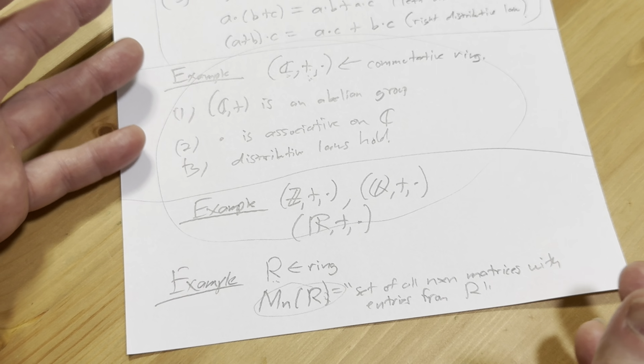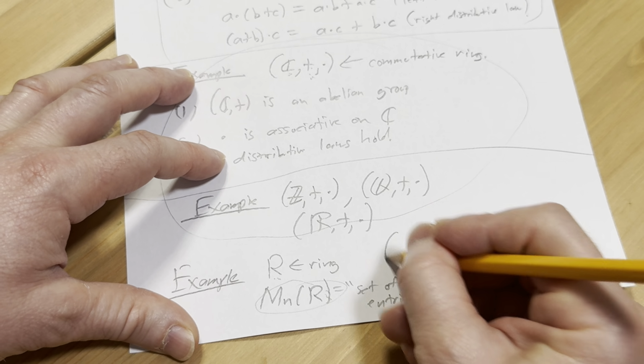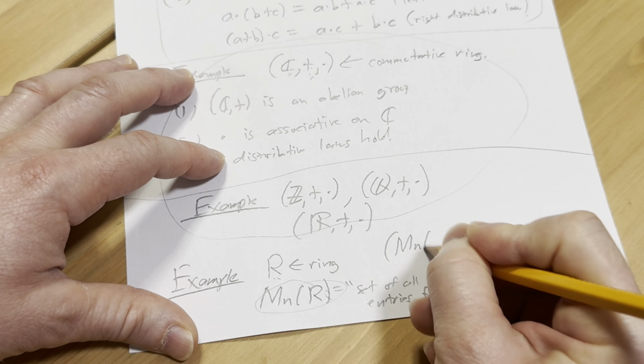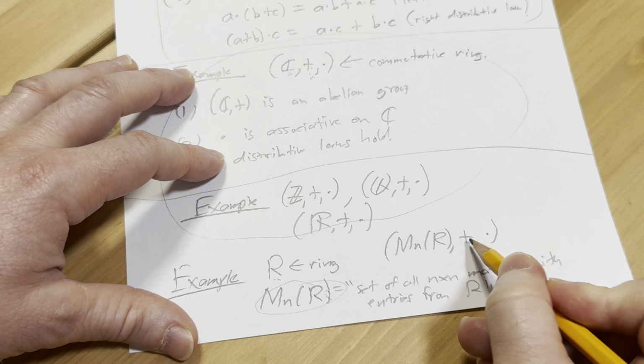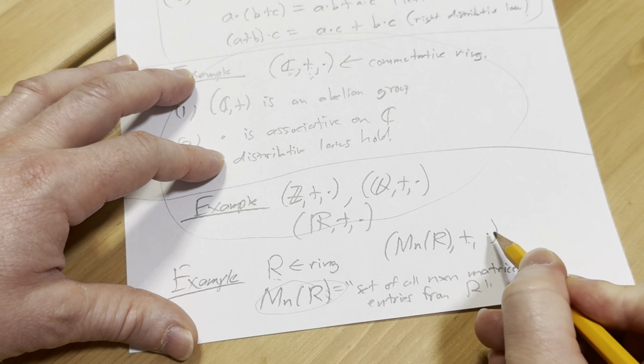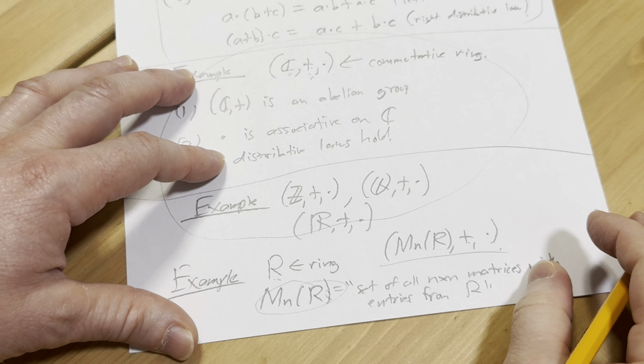Under multiplication, it won't necessarily form a group. So this is actually going to be a ring, where addition here is matrix addition and multiplication is matrix multiplication. So this is going to be a ring in this example.